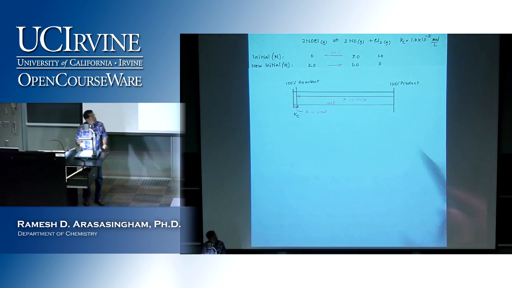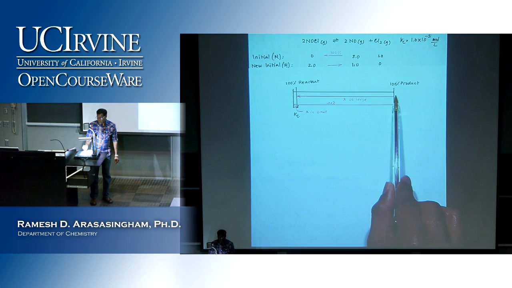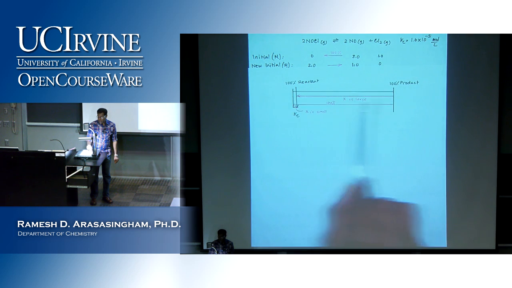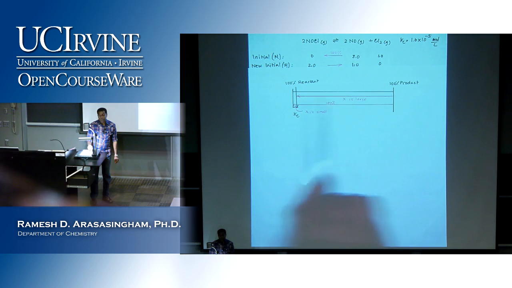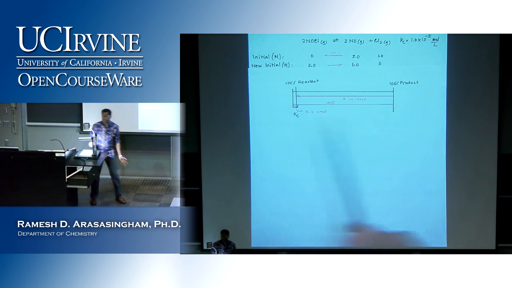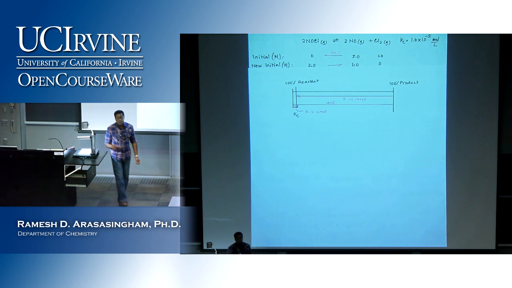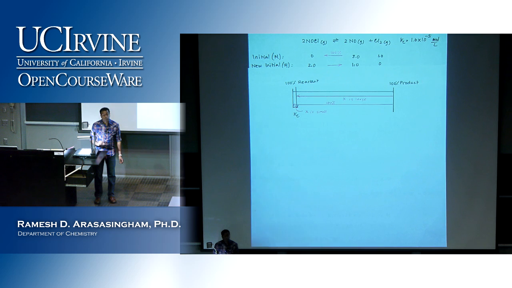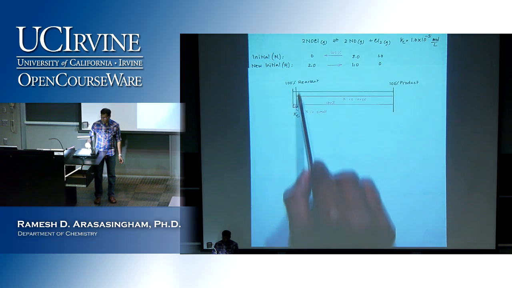Remember, we looked at this picture last time, and we said that if we start with only products and let it go to equilibrium, the amount of products that is used up as it goes to reactants will be really large, so you can't make any approximations. But if we make it go 100% this way, and then make it go in the forward direction, the amount of reactants consumed is going to be really small, because this is where the equilibrium constant is.